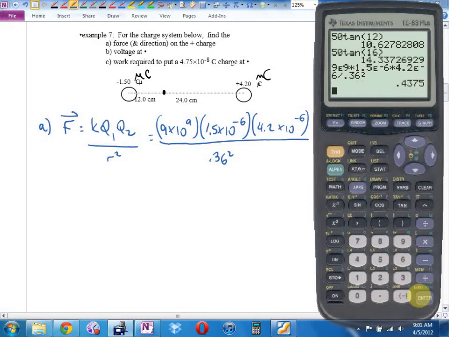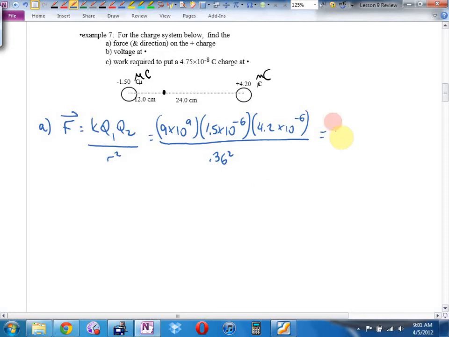Yeah? 0.438 newtons, because 3 sig figs.